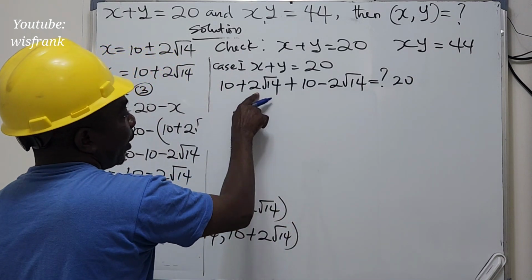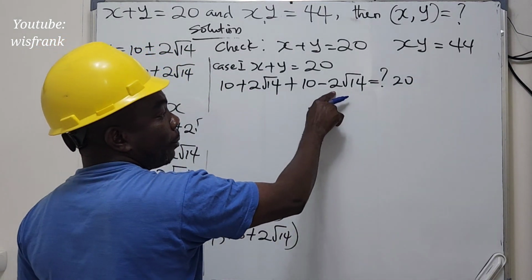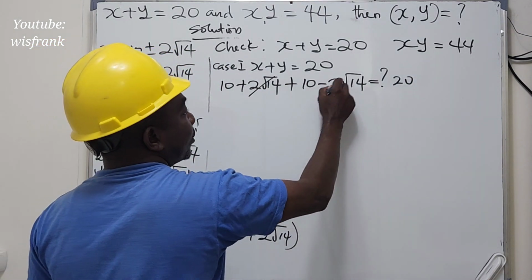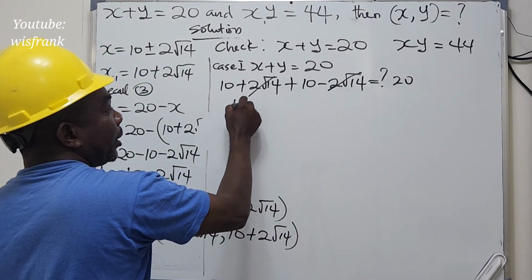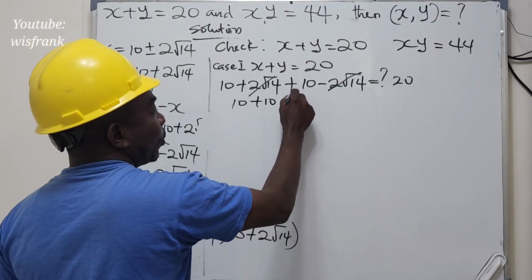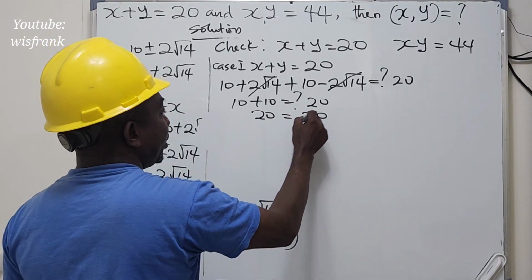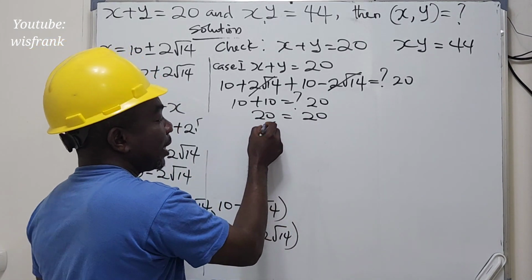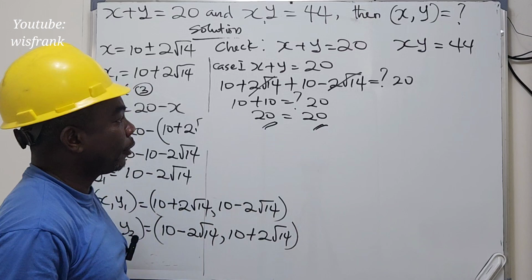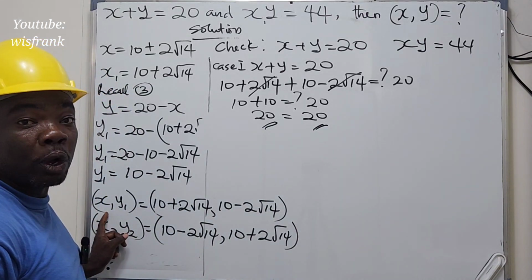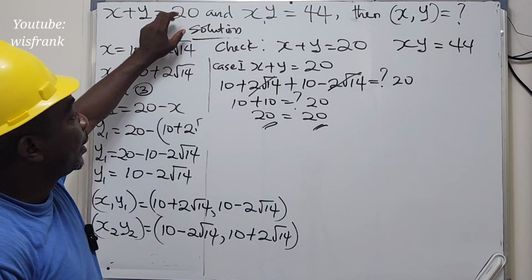Let's look at it. We have 2 root 14 here and minus 2 root 14, so they will cancel each other. We are now left with 10 plus 10, which is 20. What we have on the left hand side is what we have on the right hand side. Therefore, the first values x1 and y1 satisfy this equation.